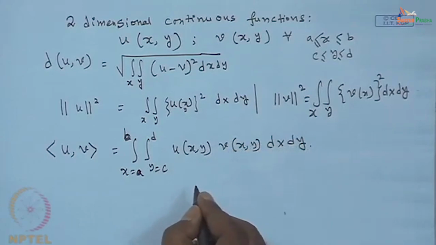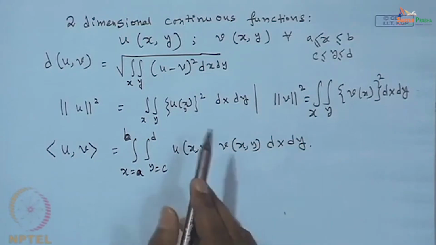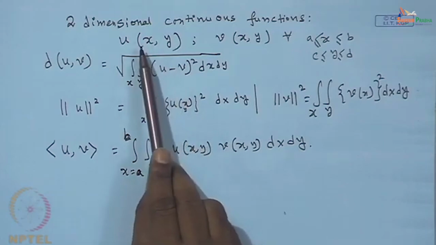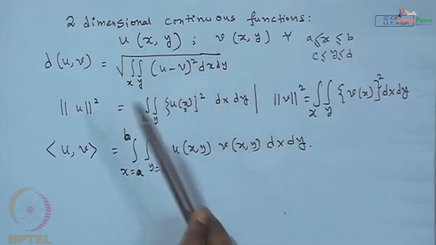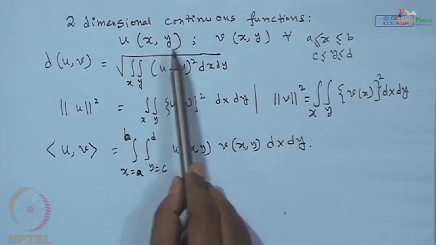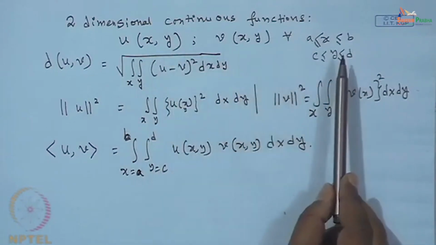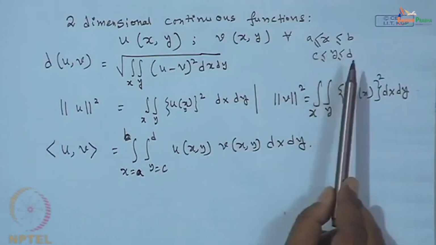For a 3-dimensional problem, the functions u and v will be functions of 3 independent dimensions x, y and z. So, in that case the limits of x, y and z will be defined and prescribed.